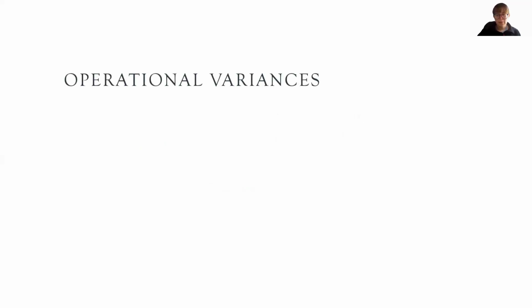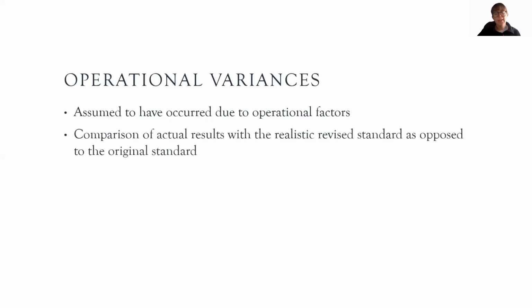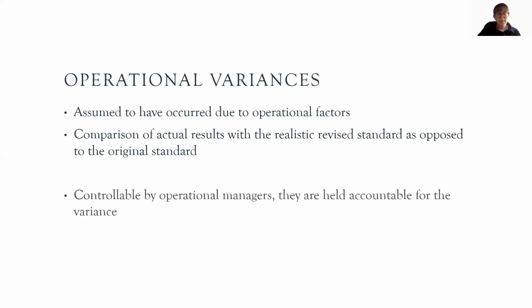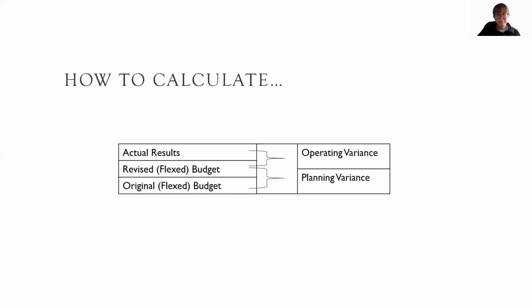Operational variances, however, are assumed to have occurred due to operational factors, so it is completely controllable by management. It is the comparison of our actual results with the realistic revised standard as opposed to what was originally set. Managers are therefore going to be held accountable for this variance.